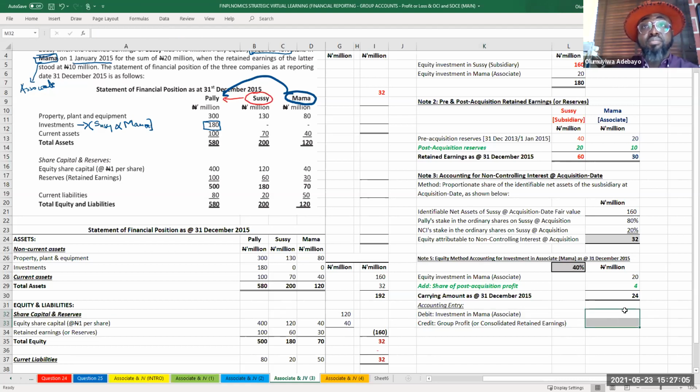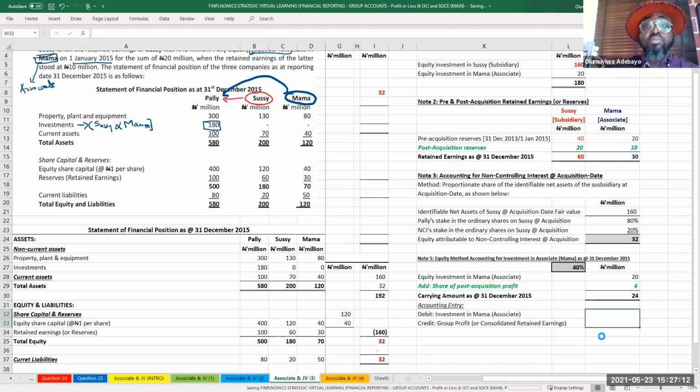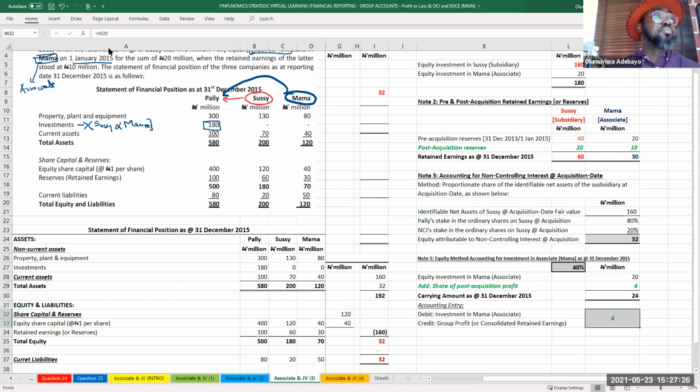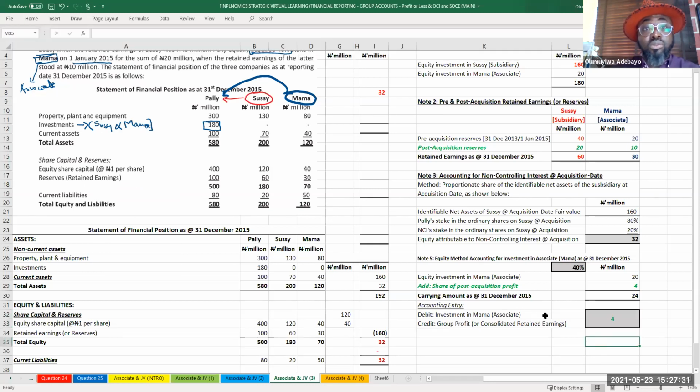And therefore, that is the 4 million. Okay. All figures a million.